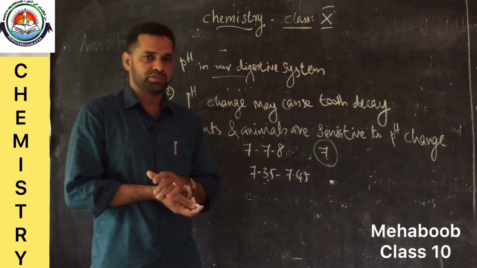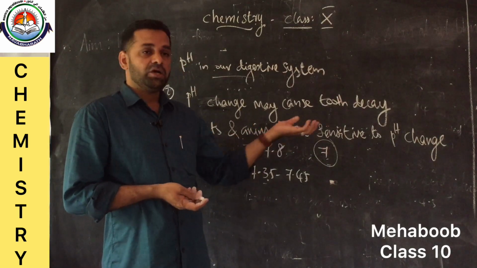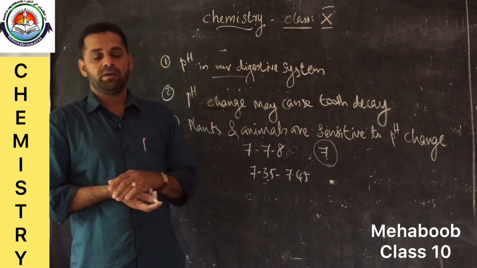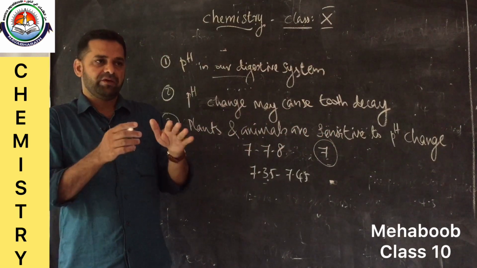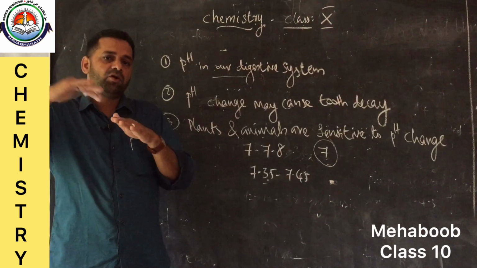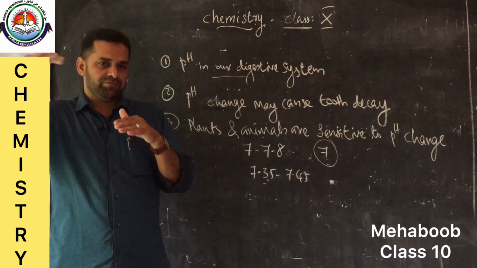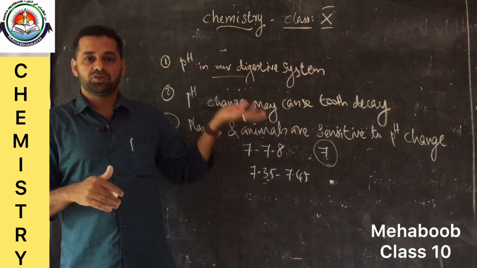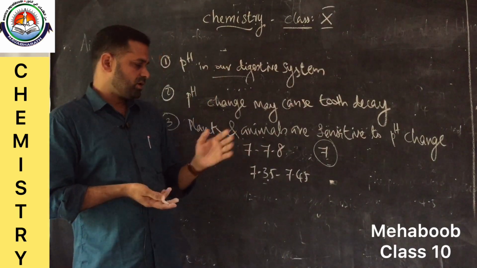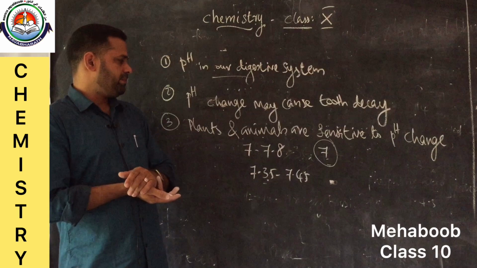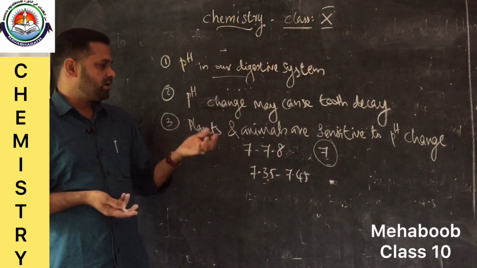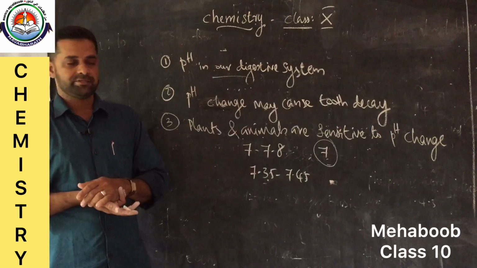That is calcium hydroxide. So we add slaked lime solution into the soil. We can neutralize the soil by adding bases. If the soil is too acidic, plants will not grow properly. If it is too basic, that also adversely affects the growth of plants. So it is also a major role: pH change affects the growth of plants and animals.